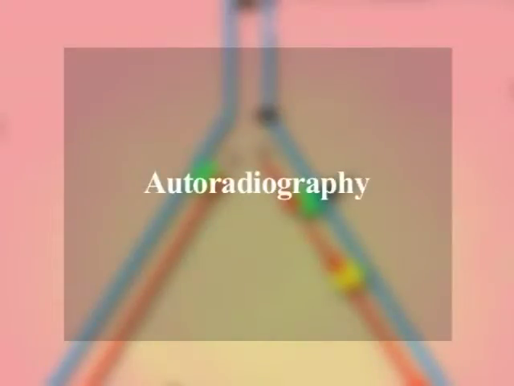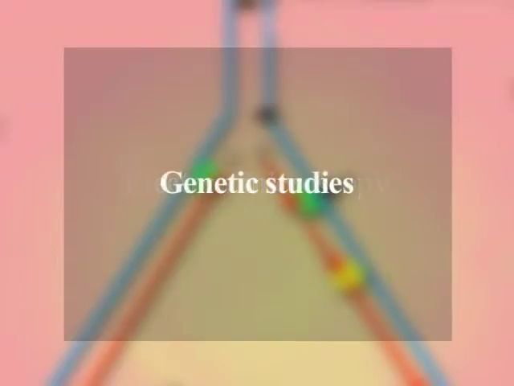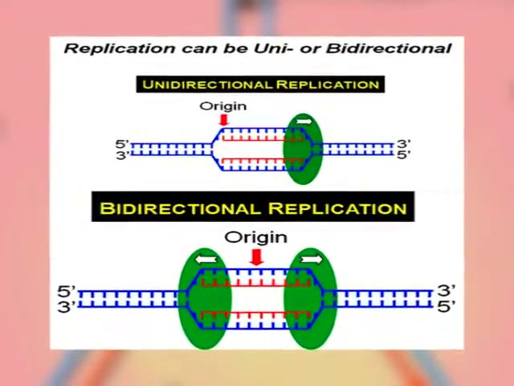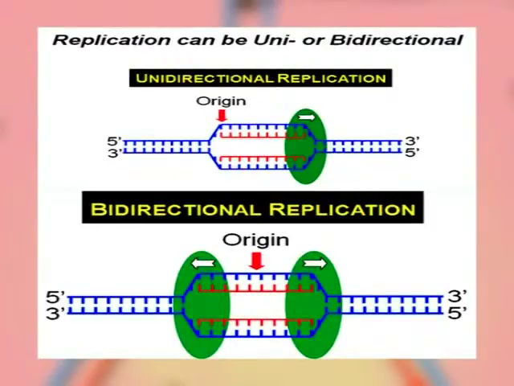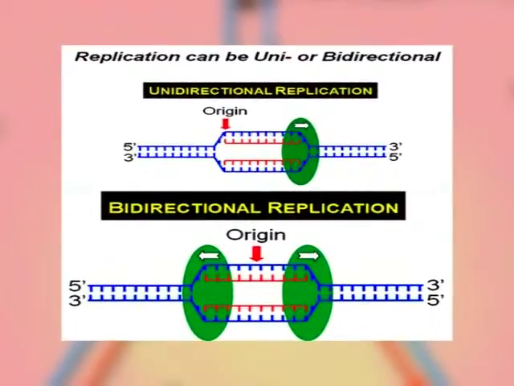Additional evidence supporting bidirectional replication was obtained from autoradiography, electron microscopy, and genetic studies. In view of the above evidence, it is now known that DNA replication can be unidirectional or bidirectional, depending upon whether the replication from the point of origin proceeds only in one direction or in both directions.